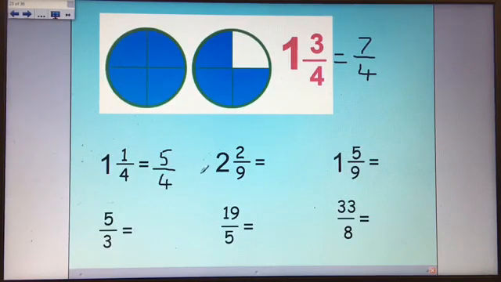Number 2. 2 times 9 is 18. Add the 2 is 20/9. Next one. 1 times 9 is 9. Add the 5 is 14. So that's 14/9.